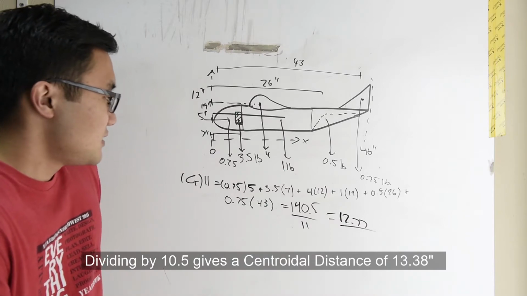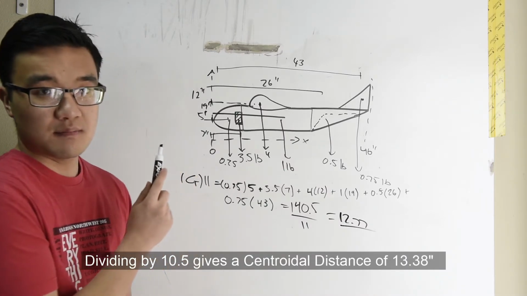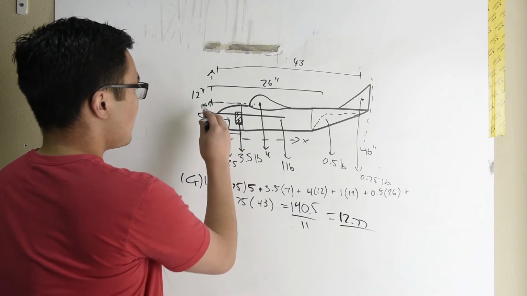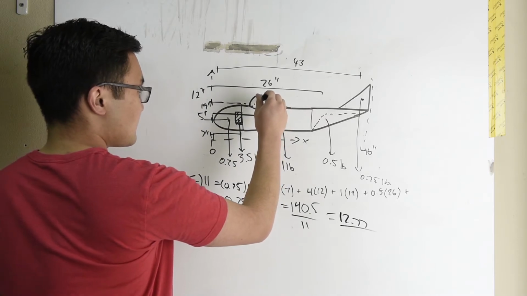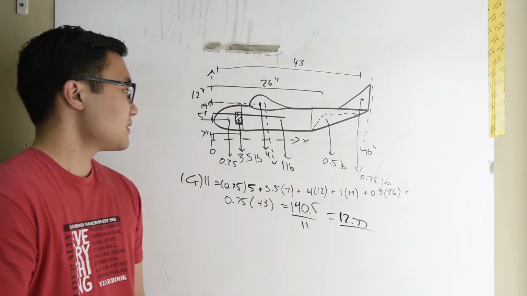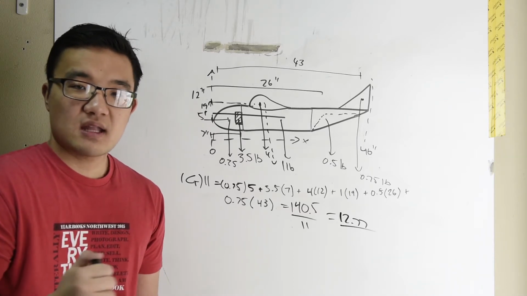All right. So that is the center of gravity for this body, roughly, which is going to fall, if I've defined this distance here as being 12, slightly behind that, right about there, on the plane. And as you can see, it's not that bad of a calculation.